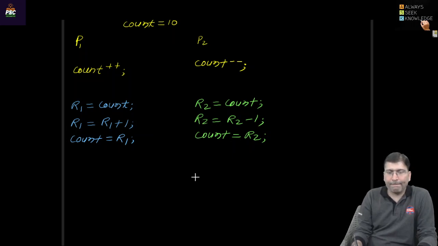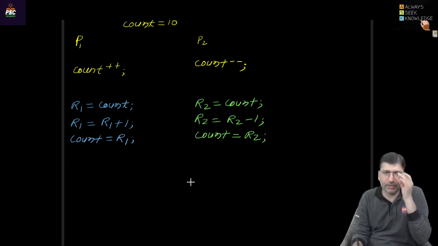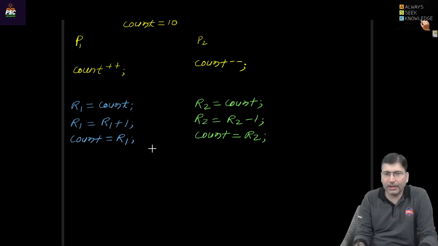Okay, so instead of this single instruction, these are the instructions that need to be executed by process P1 and P2. And both the processes are concurrent. So P1 and P2 are concurrent processes.